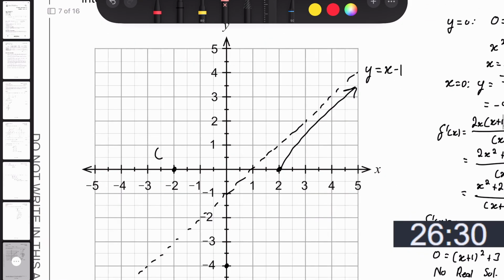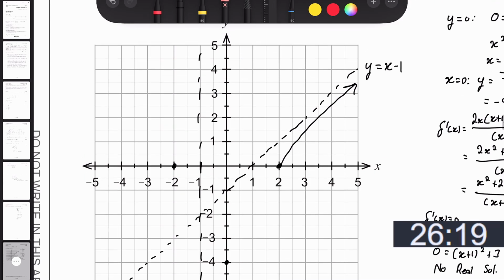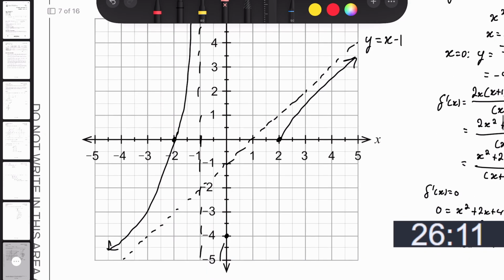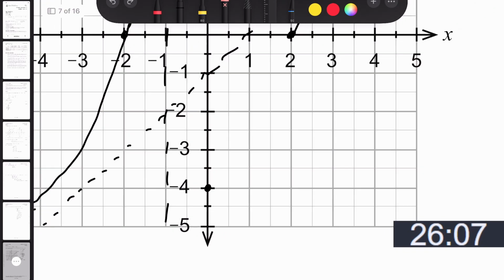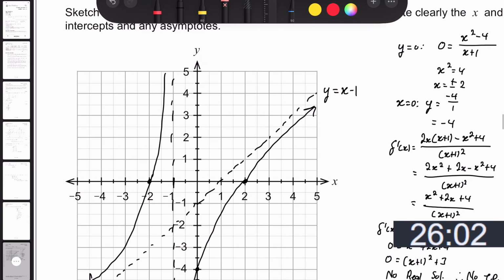Oh wait, there's going to be an asymptote at x equals negative 1. So it would be just something like that. Something like that. Okay, I think that's a bit better.